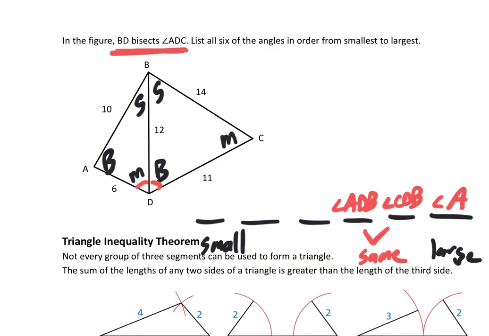Because let's say that this is 40 and 40, and let's say this is 100, then maybe this is 40, okay? But we know this is bigger than anything over here, okay? So these two are not the same, but because this triangle has the biggest angle, it's also going to have the smallest angle as well. So this guy right here is going to be the smallest out of the whole thing.